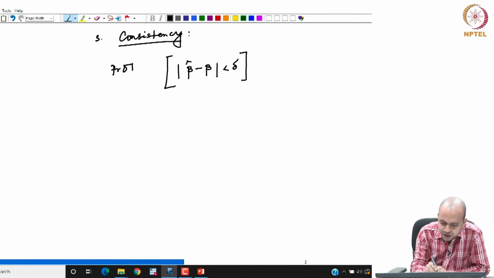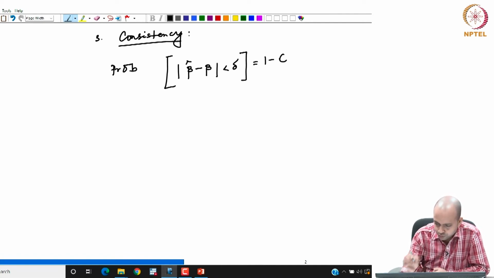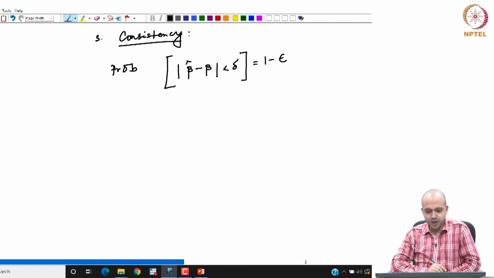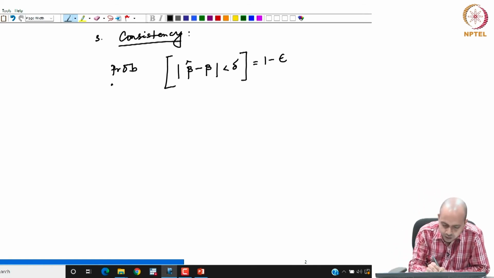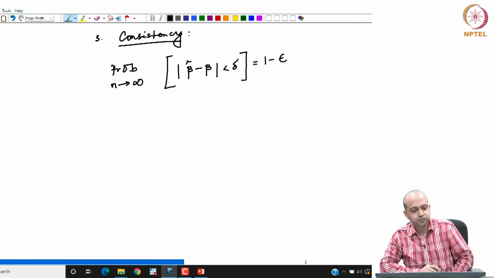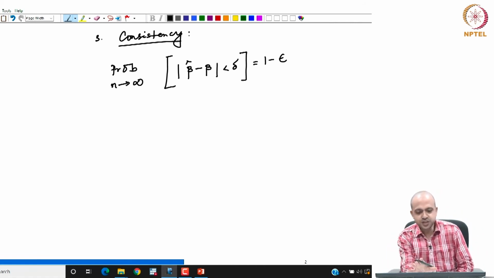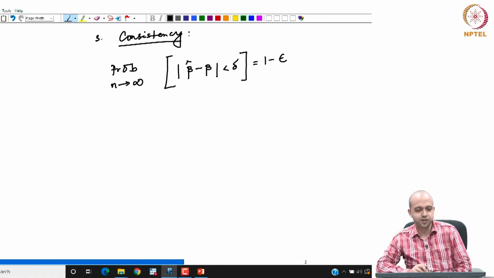The probability of getting such a beta hat equals 1 minus epsilon, where epsilon again is a very small quantity, smaller than what you can actually imagine, when your sample size tends to infinity. So, this is the consistency property.